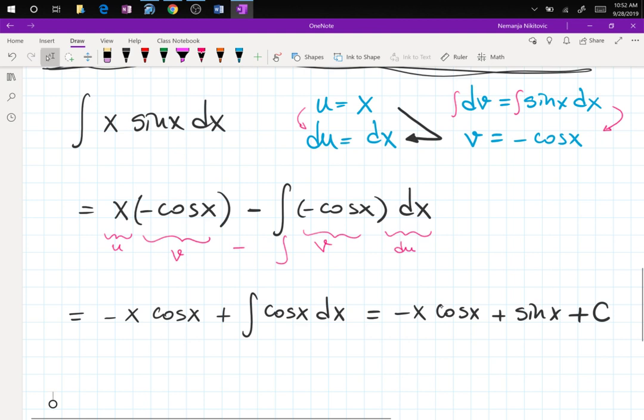You already have the piece that is solved, so there's nothing to do with this other than simplify it. On the right-hand side, minus and minus gave us a plus, and we just have a basic integral in this case. So it really helped, right?